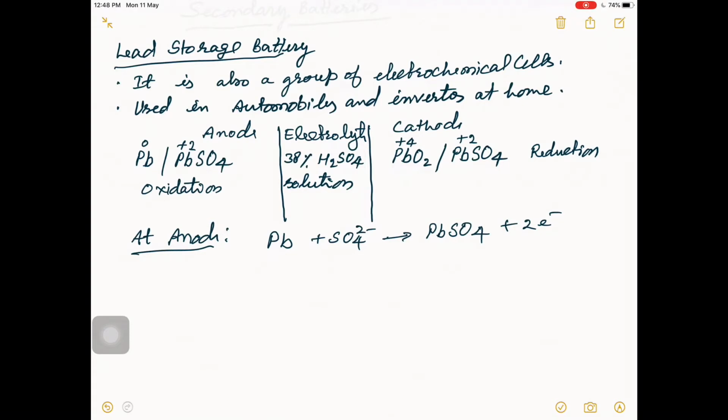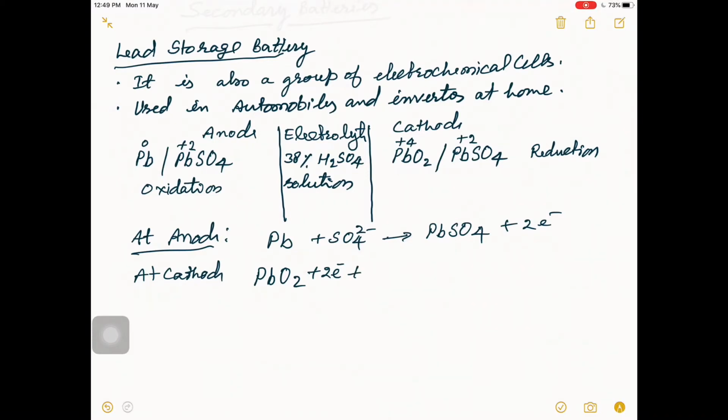At the cathode, lead dioxide will reduce, so it will gain 2 electrons in the presence of the electrolyte sulfuric acid.